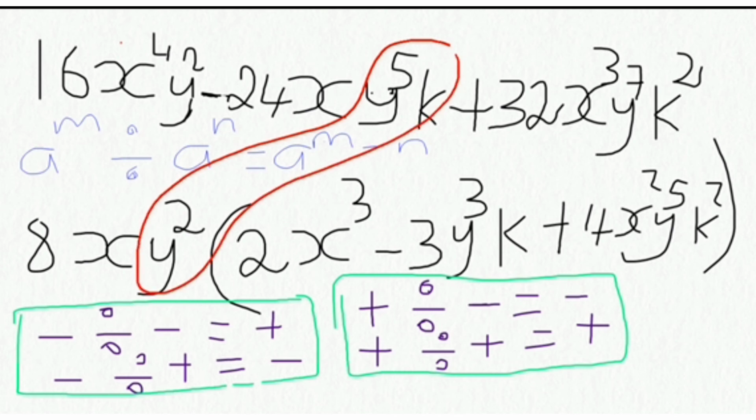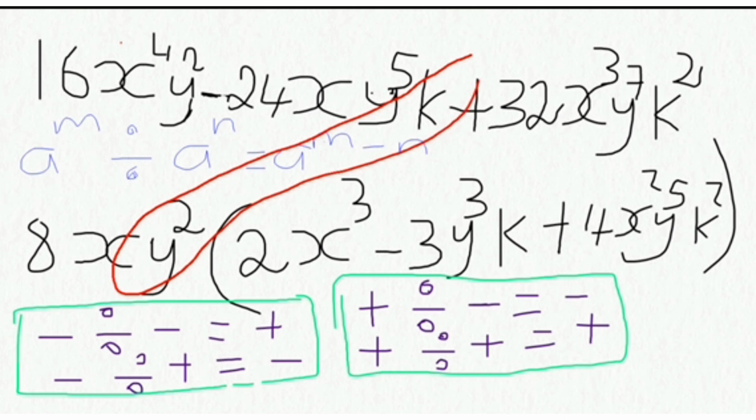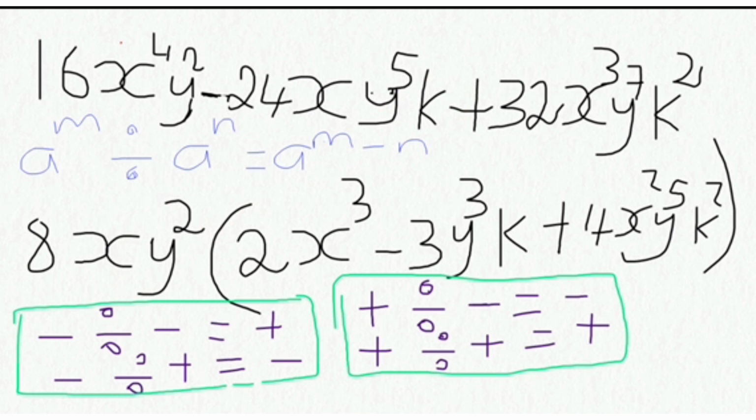Y to power 5 divided by y squared, and there's a division sign. The bases are the same. So y to power 5 minus 2 is equal to y to power 3. Or let's say y cubed. You can see it here. And then what about k? Do we have k outside the bracket? No. But we can put it there if we want. We can even write k to power 0, because we know k to power 0 is just 1.